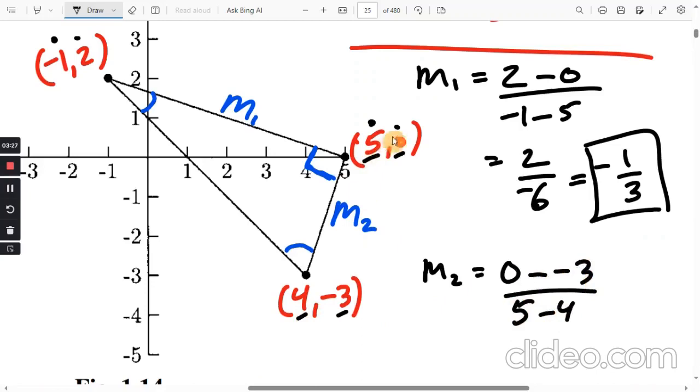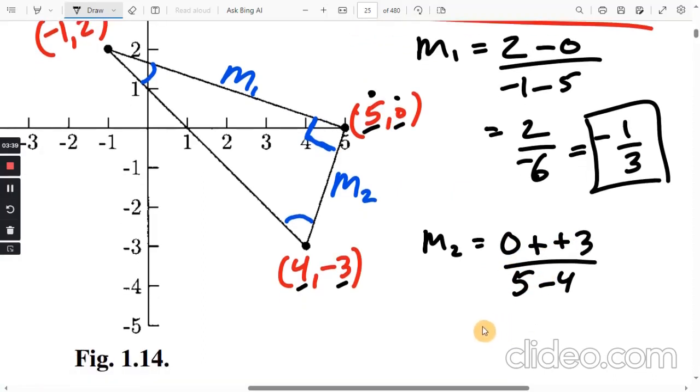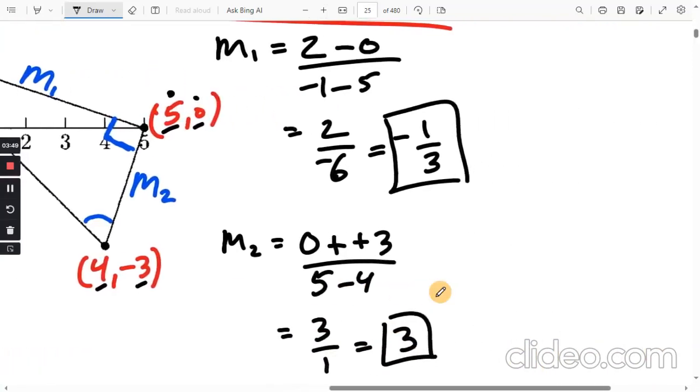Notice I started with this point for both subtractions, okay? You have to start with the same point for both the x and the y. 2 negatives is positive, 0 plus 3 is 3, and 5 minus 4 is 1, and 3 over 1 is just 3. So it looks like they are perpendicular, I can tell already.